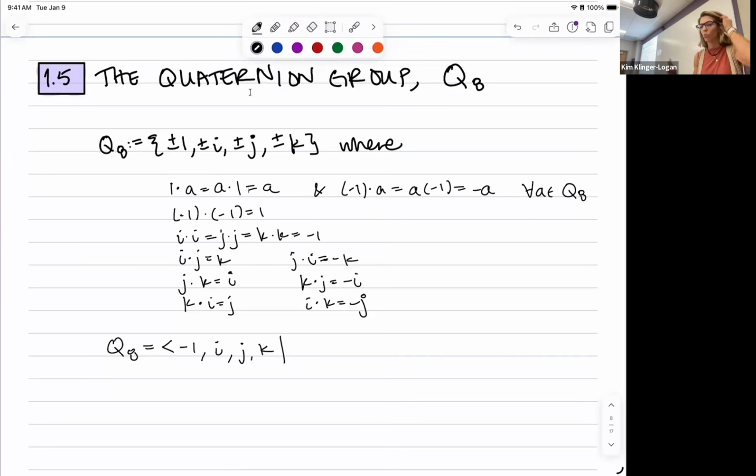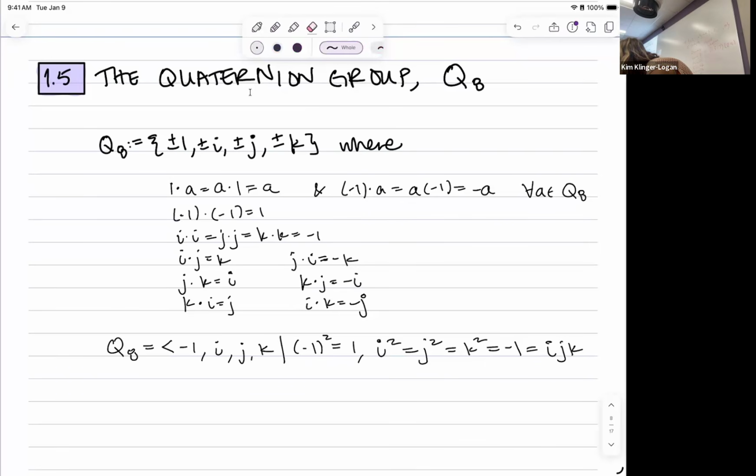But I also now have to say what are the relations that hold between all these things to show that these are actually generators. Well, I need -1 squared to be 1. And then I need to say that i squared is equal to j squared is equal to k squared, which are all equal to -1. And that's also equal to i times j times k.